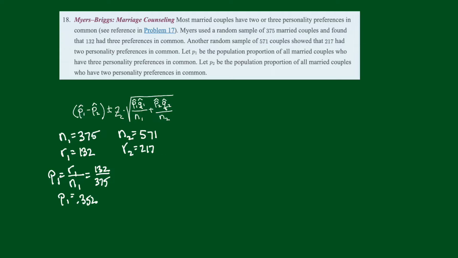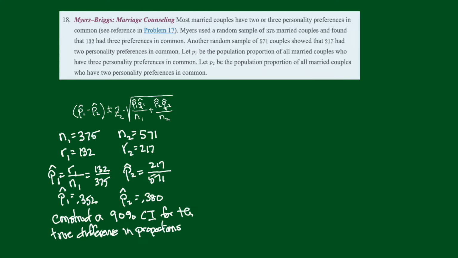Now what about the second sample? P2 hat is 217 we observe with this characteristic over 571. So P2 hat is 0.380. So about 38% of married couples have 2 preferences in common.